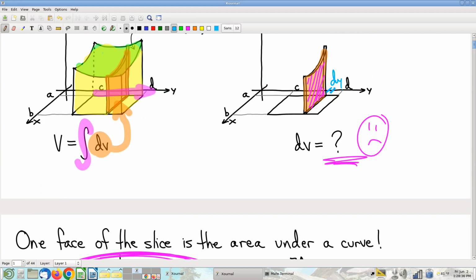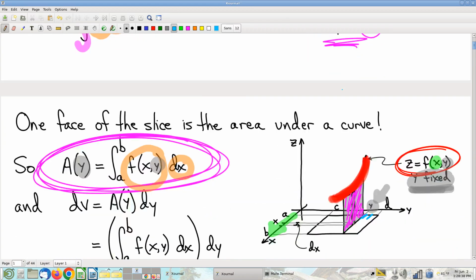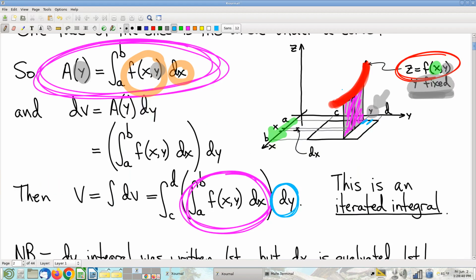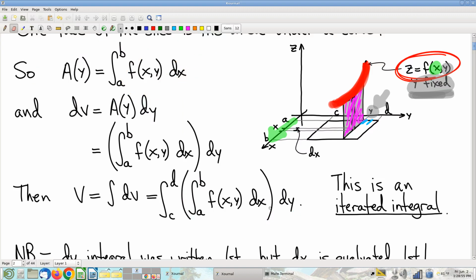There's a dy thickness, and there we go. And this is, I want to recognize, a very weird looking expression. We have an integral of an integral. Creepy. Now, let me erase all the colors and remind us what is going on and what all this means.